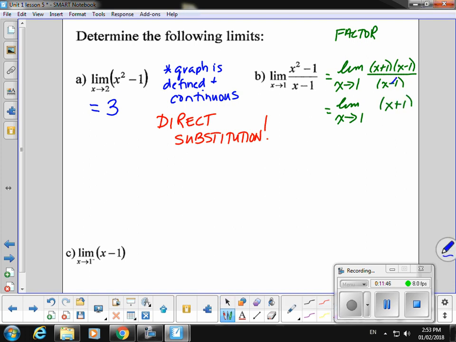I have divided out factors of x minus 1, which gets rid of the 0 over 0 problem, which is also what the function looks like, by the way. If I substitute my 1 right now, I have a value of 2. We happen to know that there's a hole there, but the limit exists. Graphically, it's because it approaches the same value from the left and from the right, but it does approach 2 from both sides. That's the big idea.